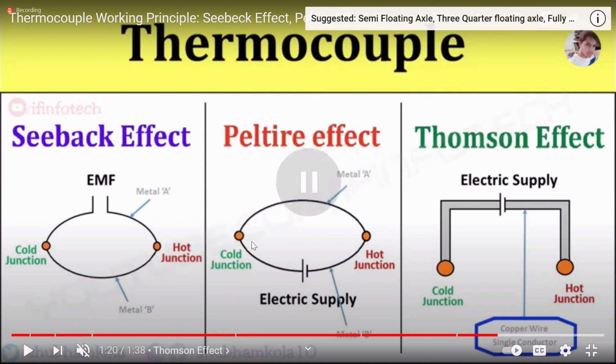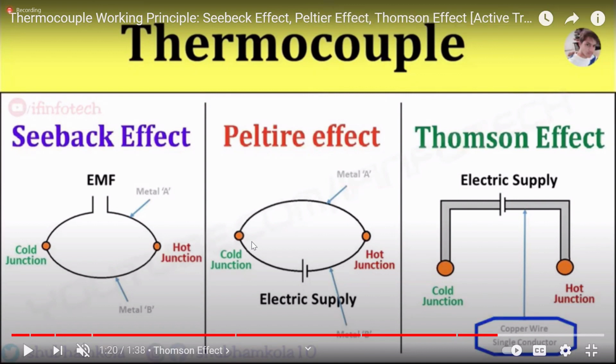And next one is Thomson effect. What is the basic difference between Seebeck effect, Peltier effect, and the Thomson effect? In Seebeck effect and Peltier effect, we are taking two different metals, that is non-homogeneous metals. But in Thomson effect, we are taking homogeneous metal, that is copper in this example.